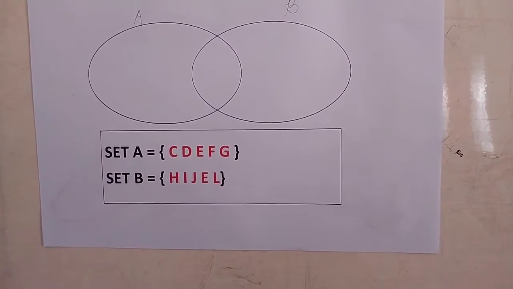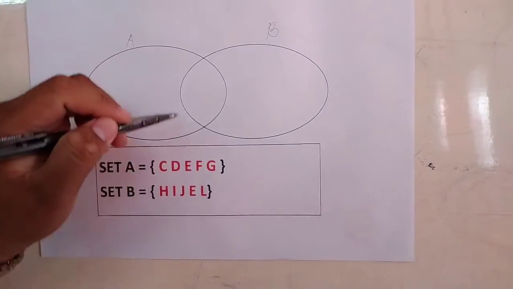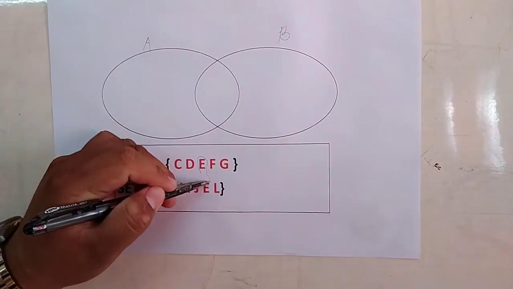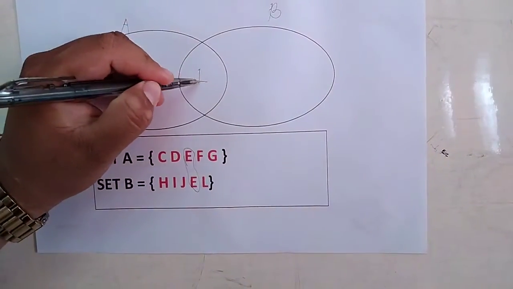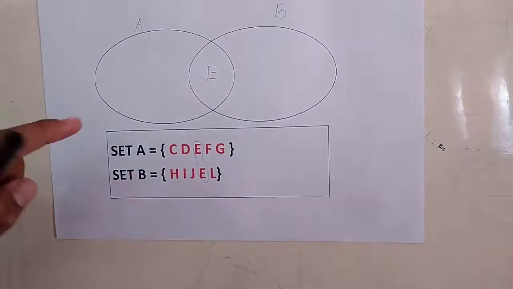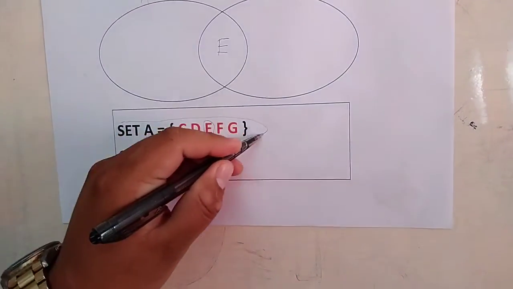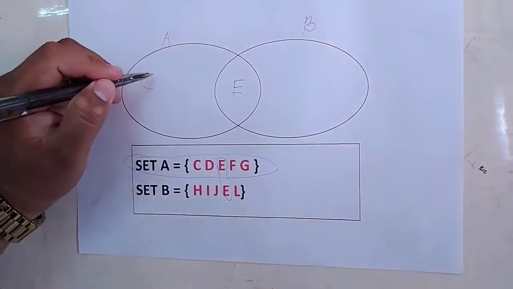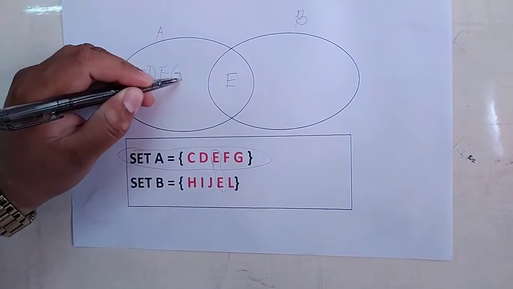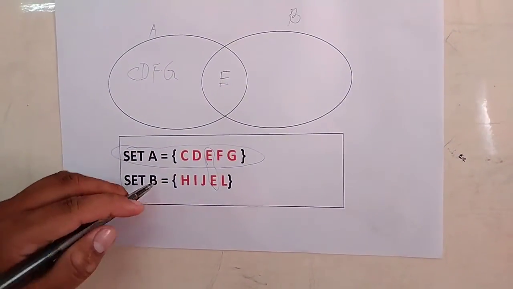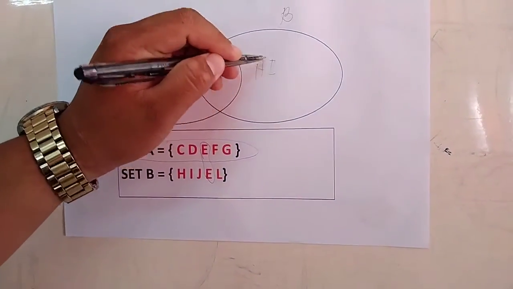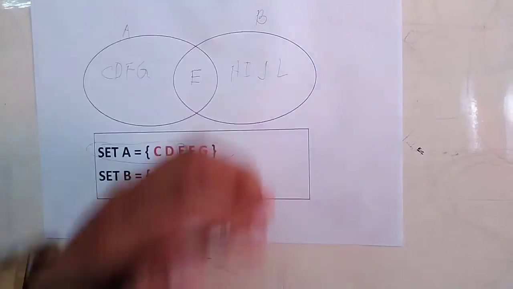So here, based on your answer, the common element of the two sets is E. So we just put it here at the center. Then for set A, that's C, D, F and G. And then for set B, that's H, I, J, and L.